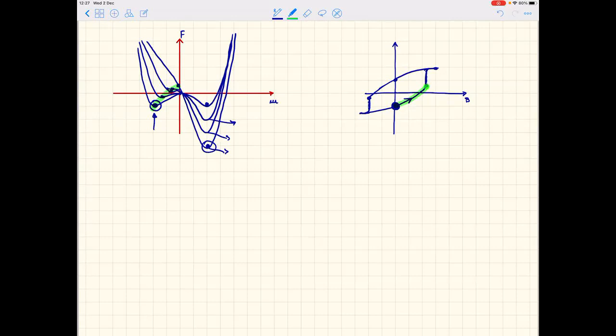At that point, the system is going to go to the real minimum, which is this one, and then continue there.